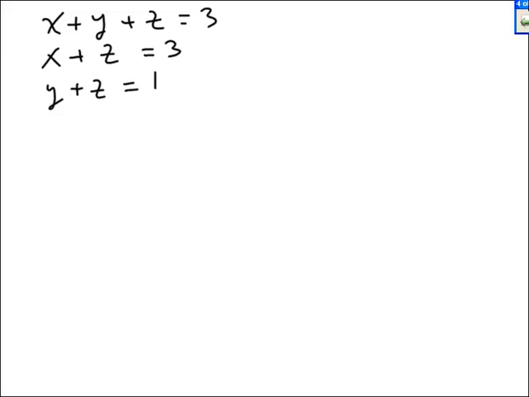Suppose you have x plus y plus z. You have x plus z. You have y plus z. And this is 3, and this is also 3, and this is 1.